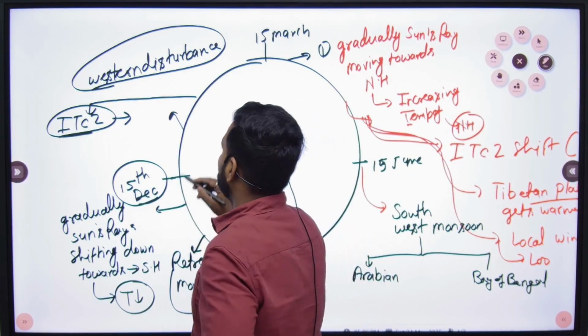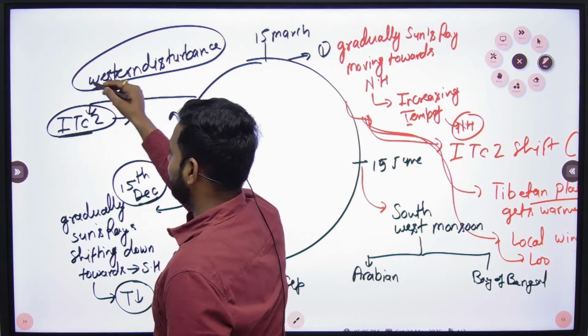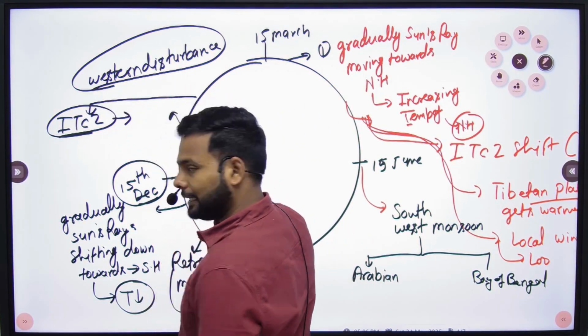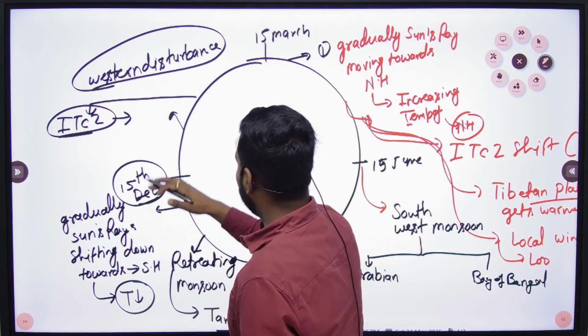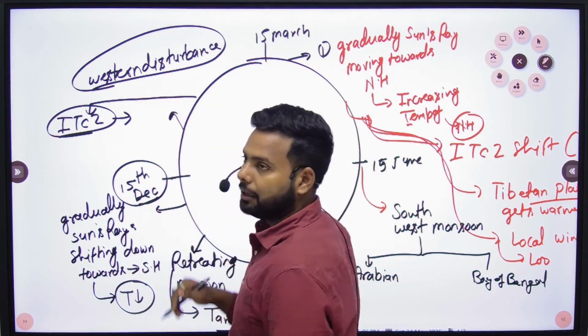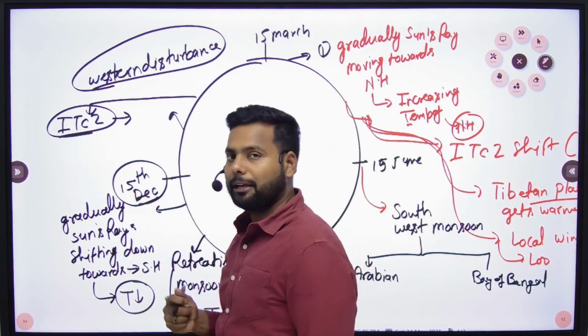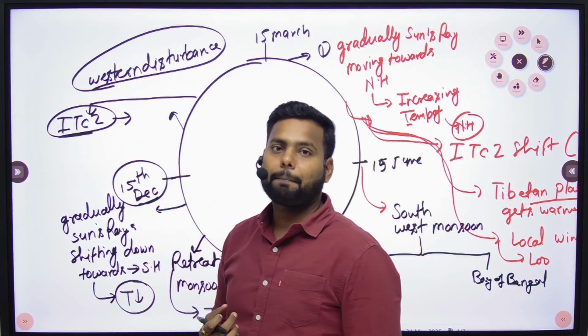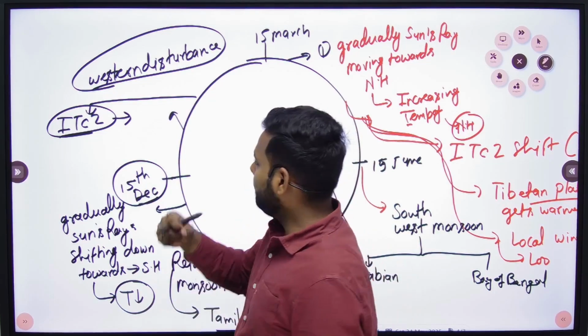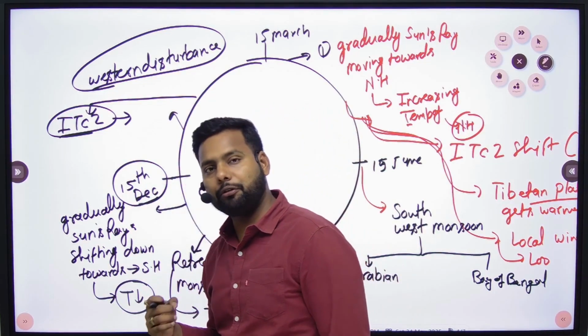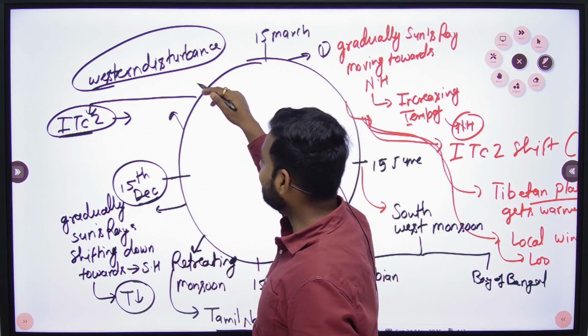So gradually the subtropical jet stream has been set up in its ideal location, and one branch of the subtropical jet stream takes moisture from the Mediterranean Sea and brings rainfall between 5 to 10 centimeters in the northwestern part of India.